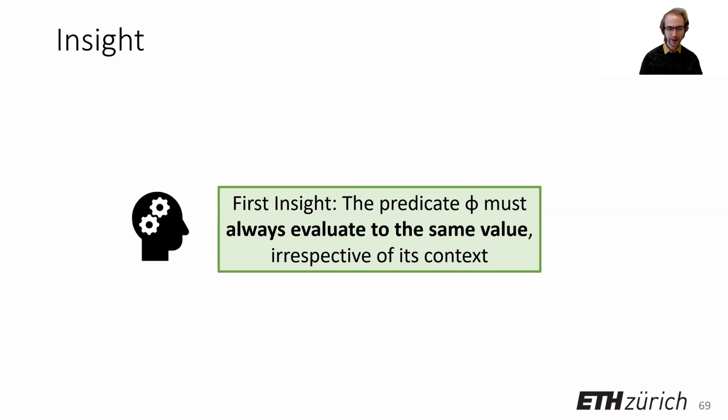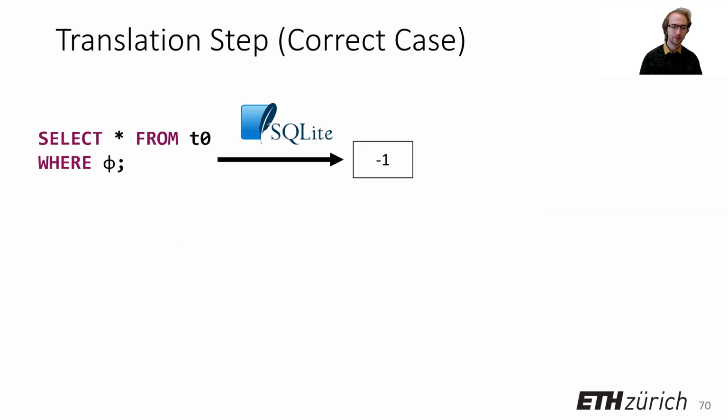To this end, we basically had two insights. First, the predicate phi must always evaluate to the same value, no matter where exactly in the query it is used. This means we can now take the phi predicate from the WHERE clause and move it directly next to the SELECT statement. What's the effect of this query?